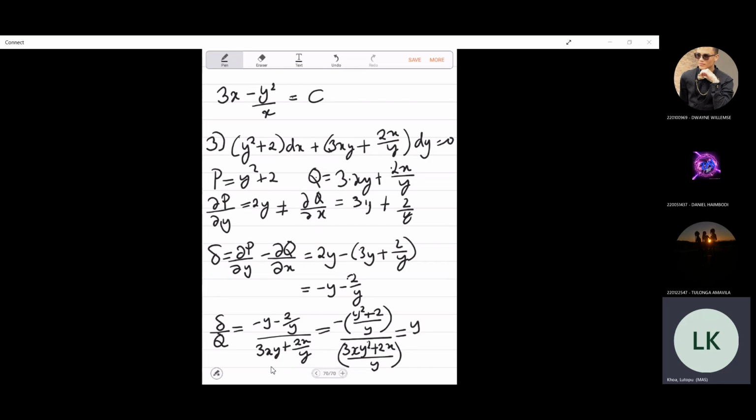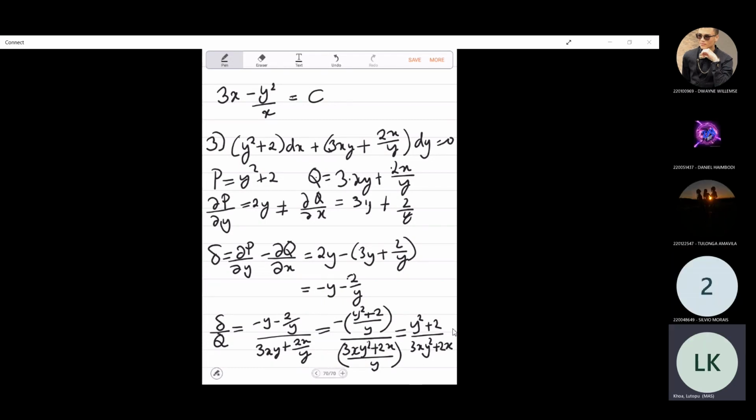This is y squared plus 2 over 3x y squared plus 2x. Okay, so this is definitely not a function of x only. So now we need to try and divide delta by p and see if we will get something that is a function of y only.